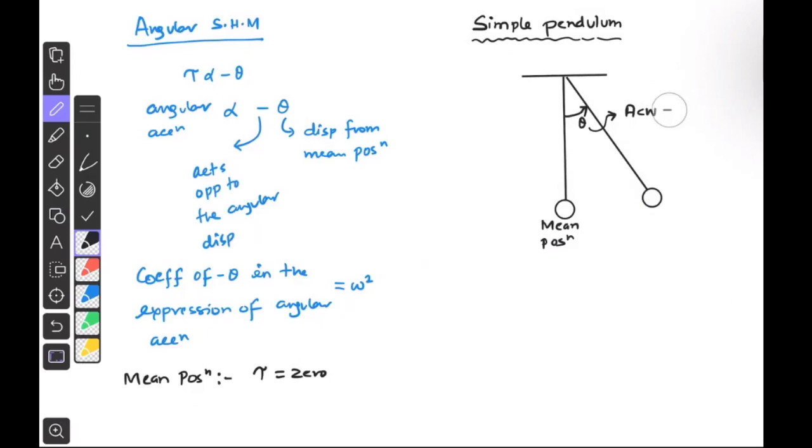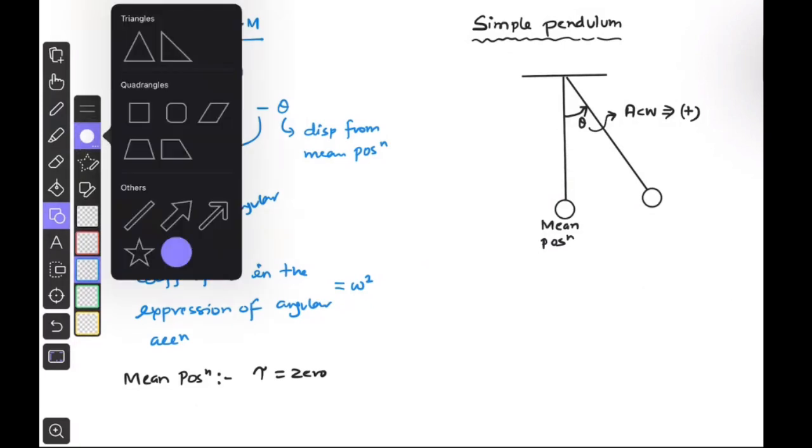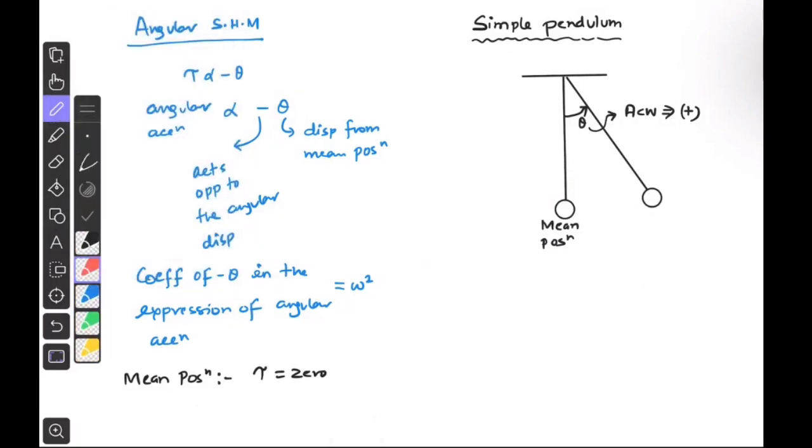So anti-clockwise will be taken as positive for the sign convention. Then we draw the forces acting on our particle: tension force acting like that, mg acting down. And about which point is it undergoing pure rotational motion? About O.